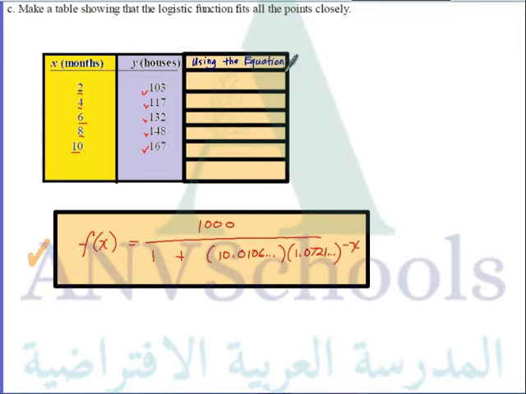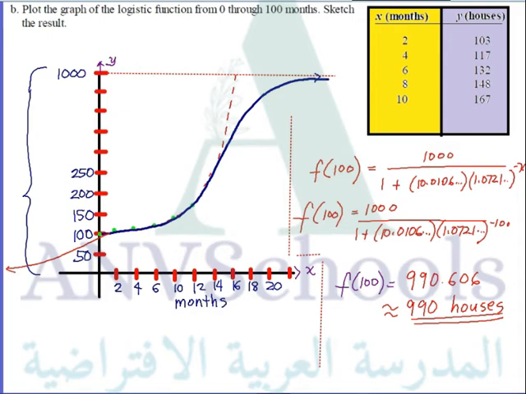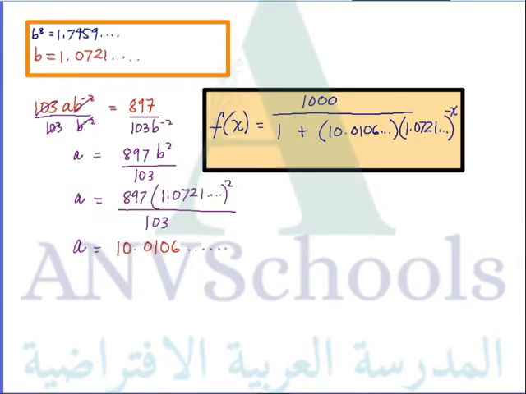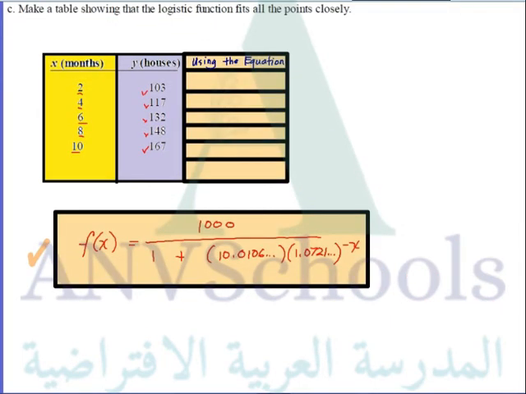So at x equal to 2, our function is 1000 divided by 1 plus 10.0106 and then 1.0721. Let me check if I have the correct function. Yes, we do have the correct function.